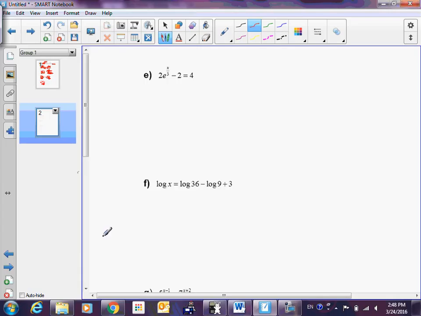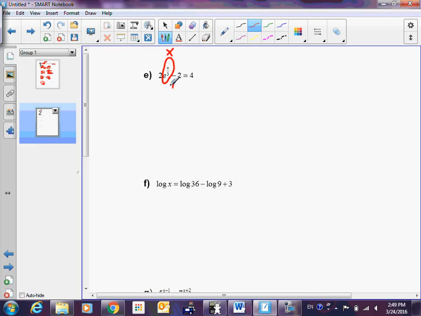Okay, so on the back, you can notice they're a little bit more complicated. So definitely these, you may want to do the whole y1, y2 intersection thing to check your work. Algebraically, just treat this thing right here as if it were just like x. If that had said 2x minus 2 equals 4, what would be the first thing you do?